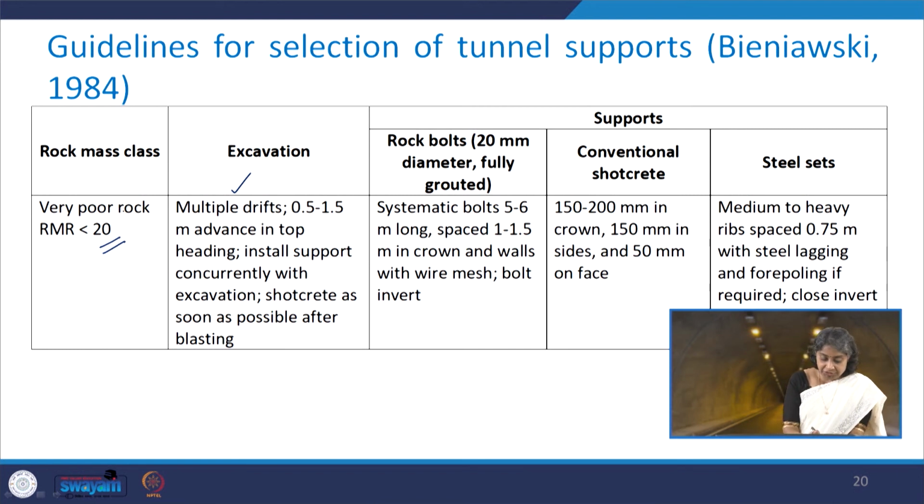So, in case you have the very poor rock mass, one needs to go for the multiple drift method for the excavation and advance only 0.5 to 1.5 meter in the top heading.